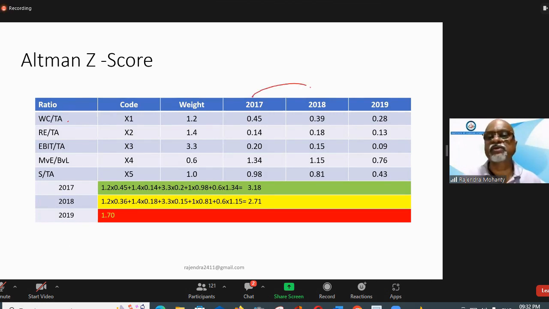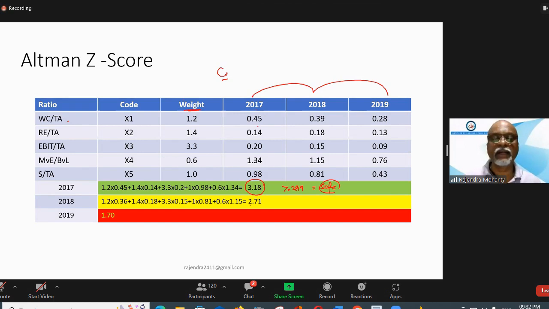Three years of ratios are given for any company. Now these are the factors or constant weights to be multiplied with them. As per this, I have calculated. 2017 comes to 3.18, which is more than 2.99, so it is the green, safer zone.